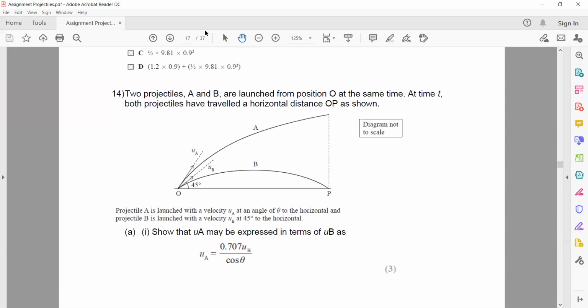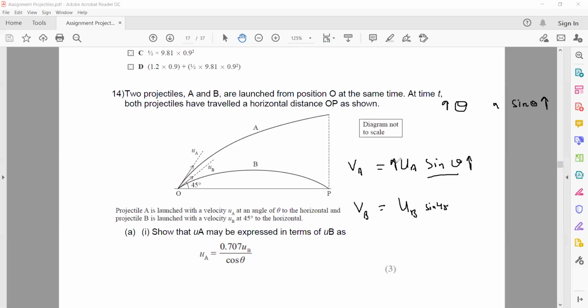Now, as you can see, for UA the vertical component is given by UA sine theta, and the vertical component of B is UB sine 45. As we increase the value of theta, the sine theta also increases. For example, sine 30, sine 45, sine 60: as the angle increases, the value of sine theta also increases.